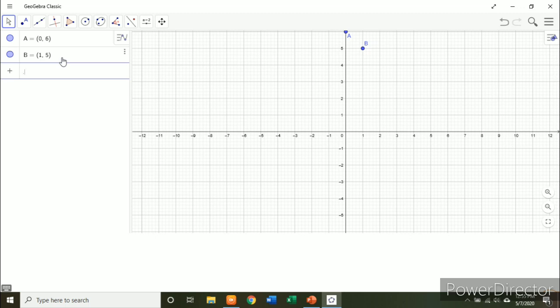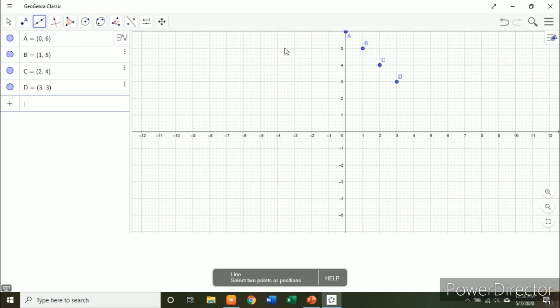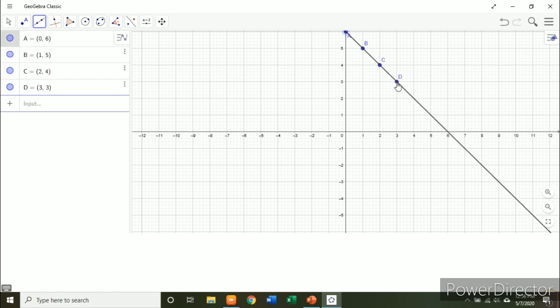Third point 2, 4. And fourth point 3, 3. These are the 4 points which are plotted here. Join these points by a line. So, this is the line which is passing through these points.